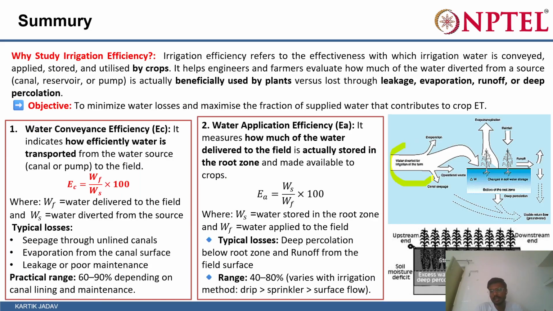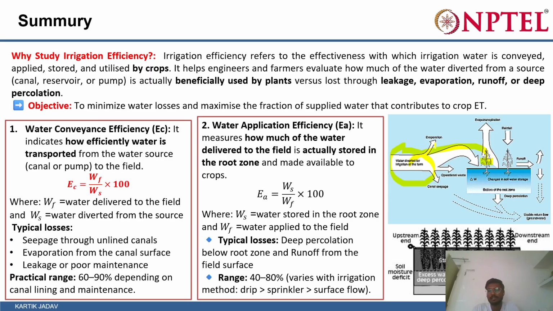Whatever water we are extracting from any source, suppose a canal network, we are diverting this canal water to the farm, right? In between there are lots of losses, conveyance losses, storage losses, and it is not always the case that whatever amount we are providing to the crop, they are using for their transpiration or food production purpose.